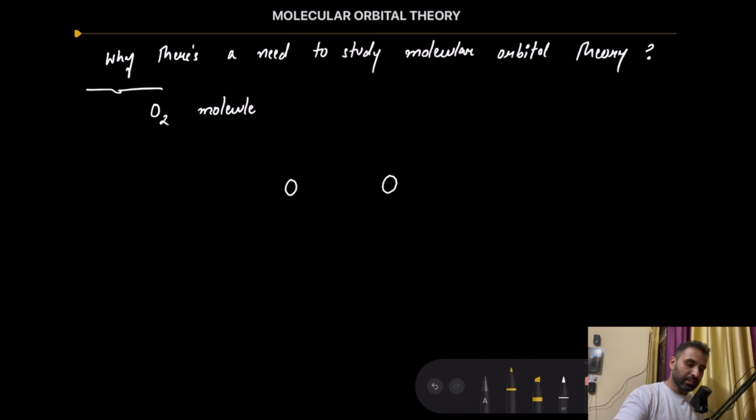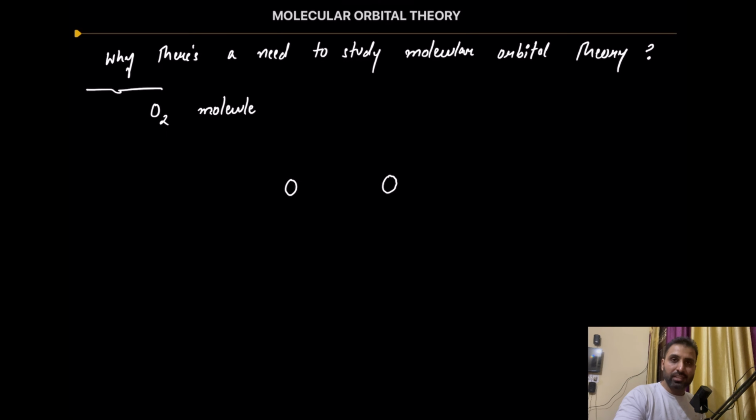How many valence electrons are there in oxygen? It's 6. So I'm marking the electrons around the first oxygen: the first electron, second, third, fourth, fifth, and the sixth. Now let's come to the second oxygen. That's the first electron, second electron, third electron, fourth electron, fifth electron, and the sixth electron.